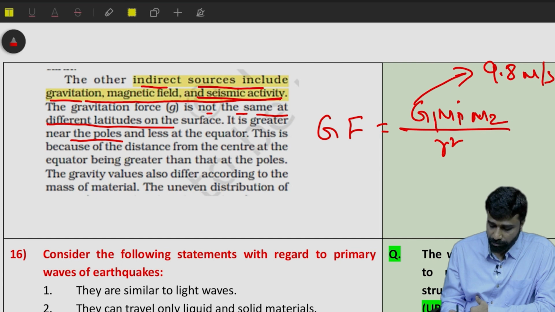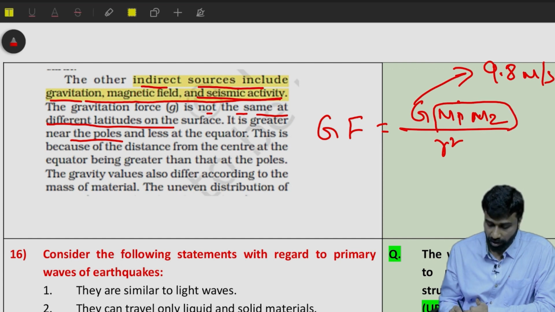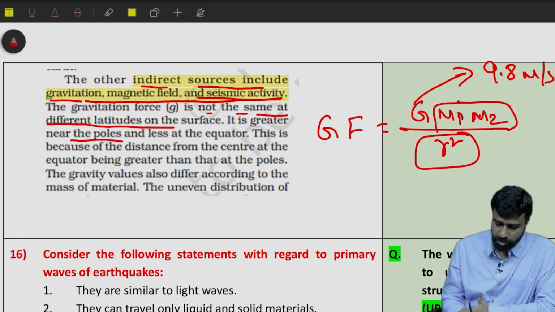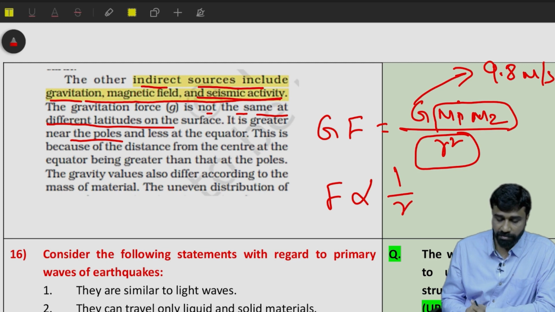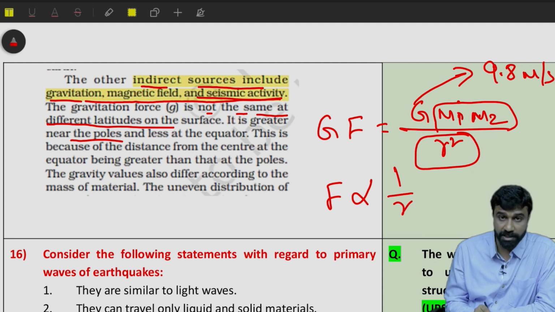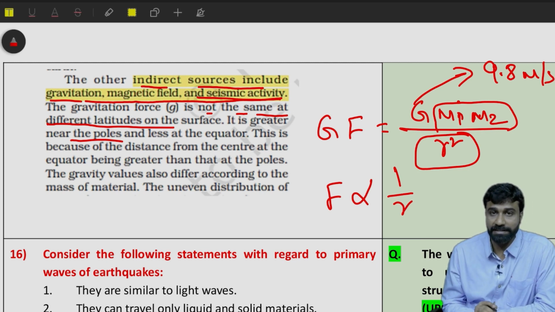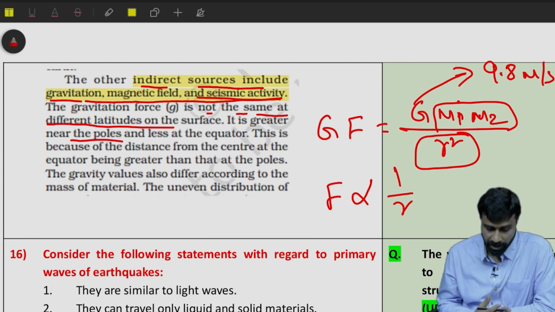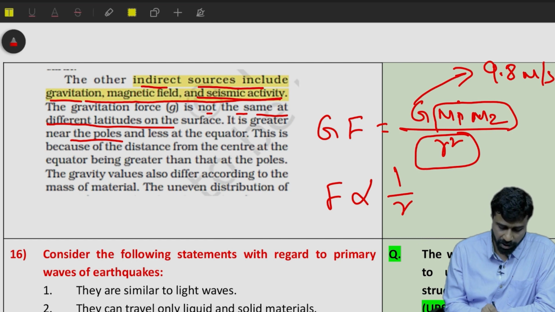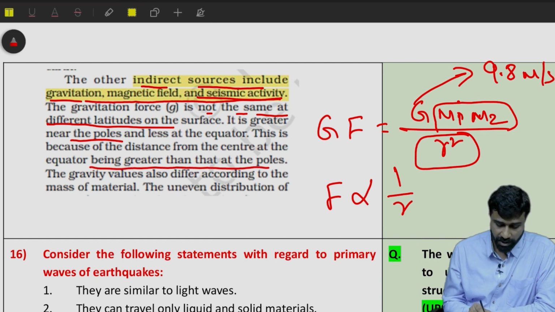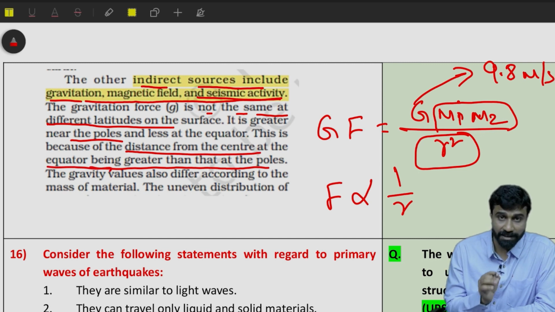But these are the masses of the objects and this is the radius. So the gravitational force is inversely proportional to the radius. The radius is less at the poles and highest at the equator, so the gravitational force is inverse in nature. The distance from the center is higher at the equator.